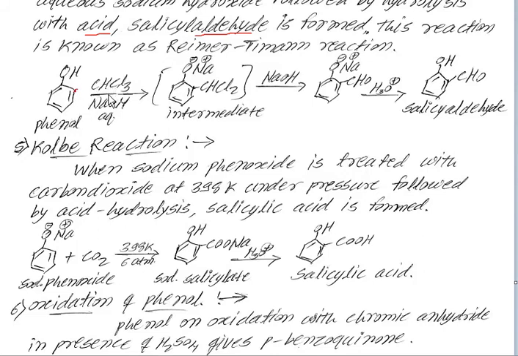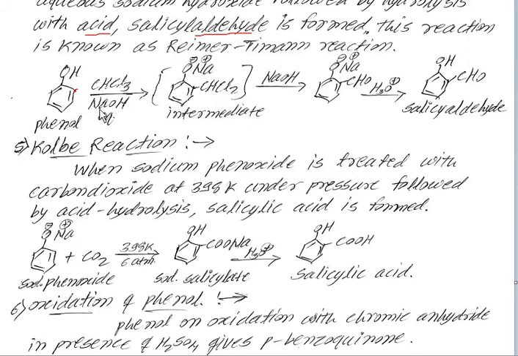Then we get CHCl2, and the removed hydrogen atom combines with one chlorine of the chloroform, giving back CHCl3.